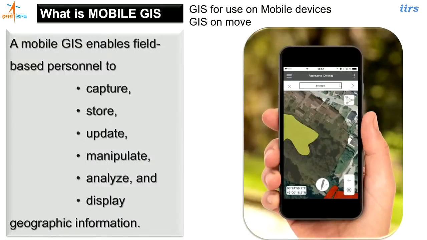To start with, what is mobile GIS? The very basic definition: GIS on the move, means GIS for use on mobile devices. This means taking the GIS workflow from your office to the field. Mobile GIS on the go.